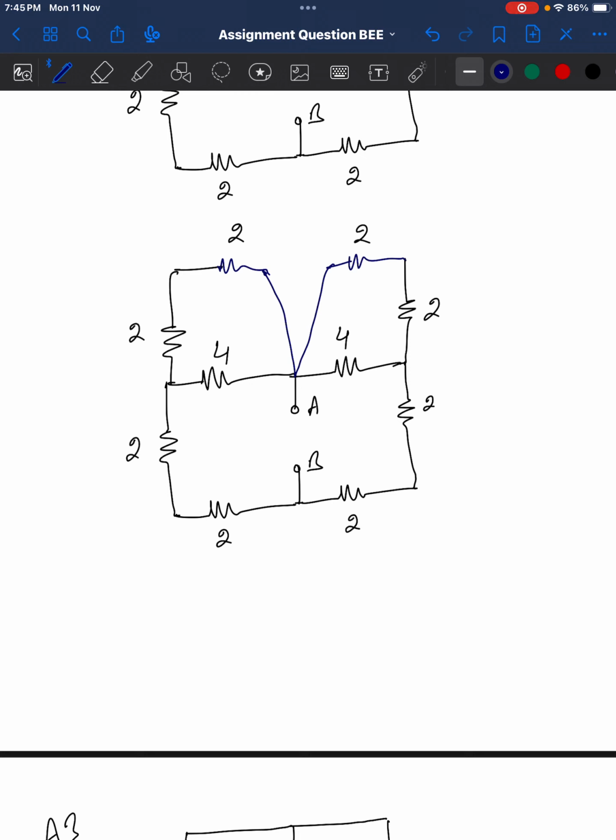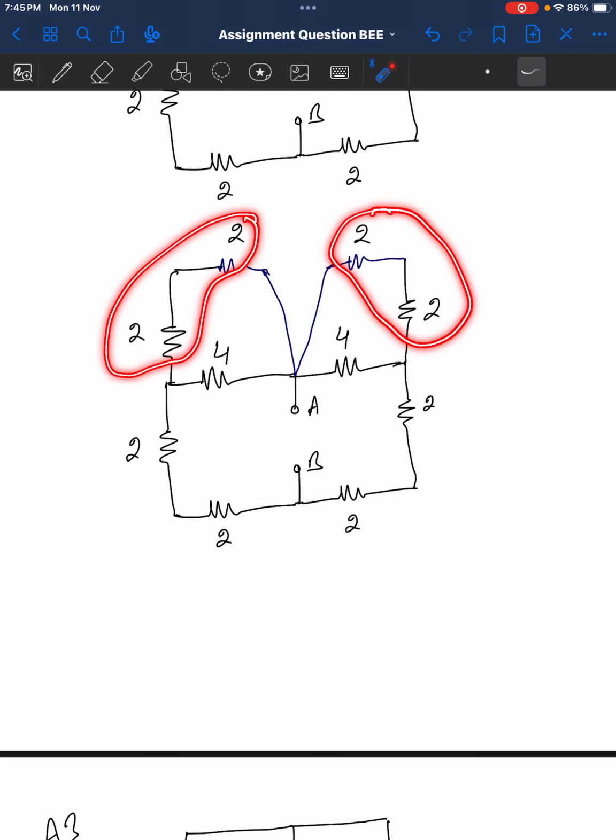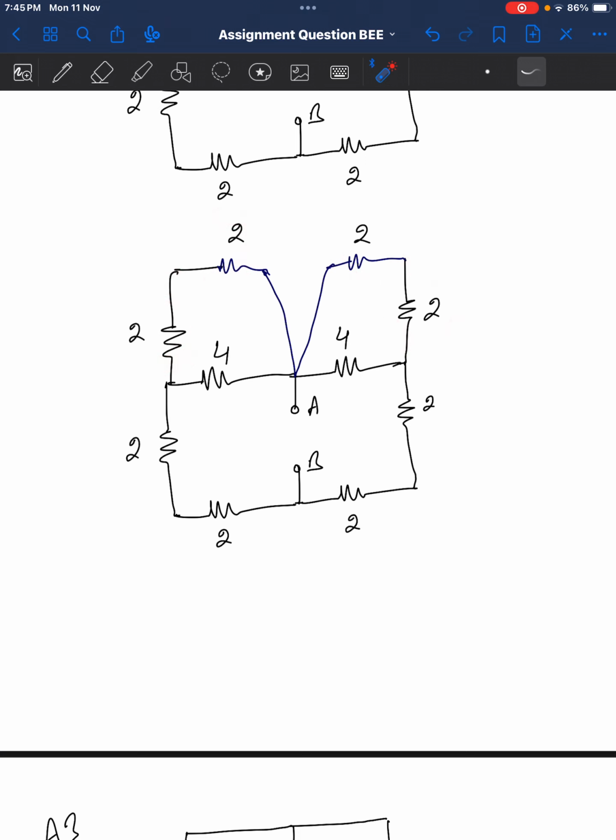These two are in series, similarly these two are in series, so 2 plus 2 is 4, here also 2 plus 2 is 4. So we can remove this side and replace it by a resistance.